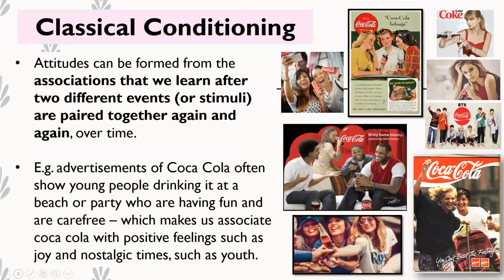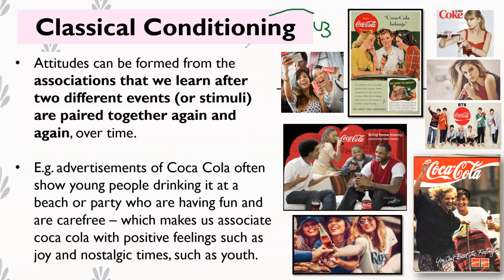The next learning theory, or the next factor that influences attitude formation, is classical conditioning. Now, classical conditioning is another learning theory that you will cover next year in Unit 3 psychology as well. So when we're looking at classical conditioning, it's this basic idea that we tend to form associations.